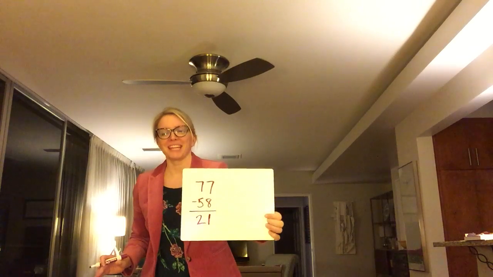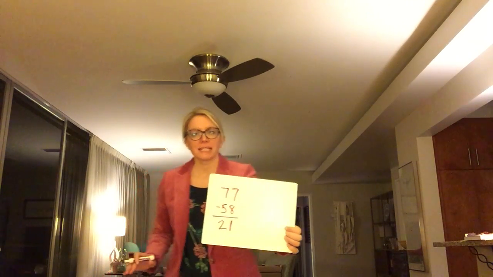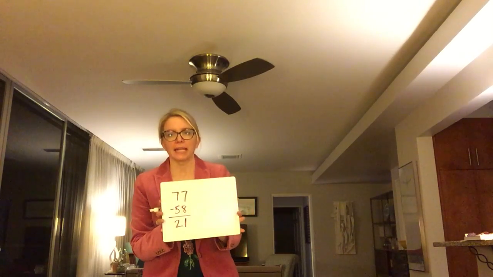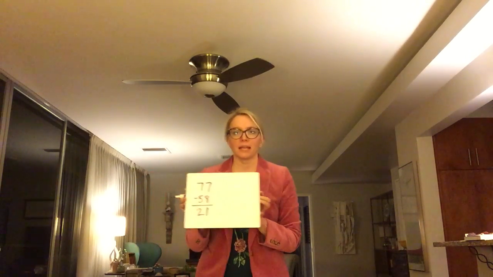So you might see a student do something like this. 77 minus 58 is 21. And this is something we see a lot of students struggle with regrouping, which is not even realizing that they need to regroup.